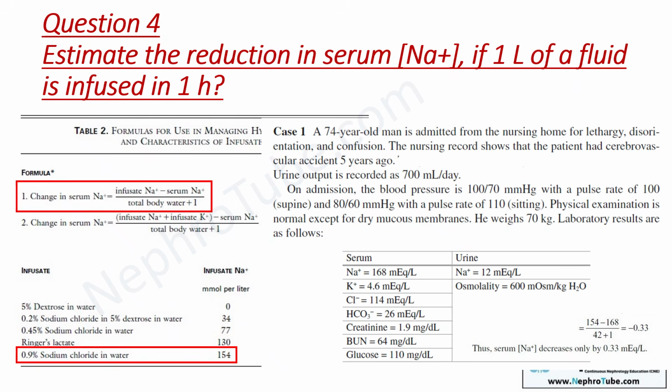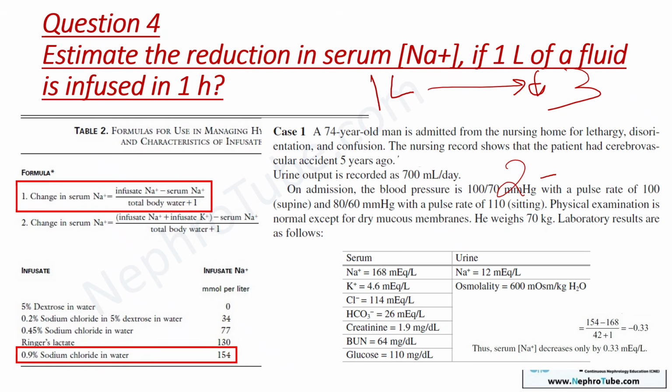So now let's complete the calculation. We know now that 1 liter of dextrose will decrease serum sodium by about 3, and we need to decrease the patient's sodium because he has acute hypernatremia.